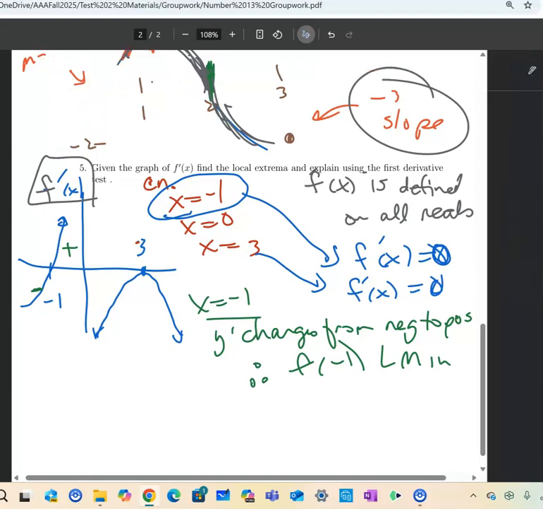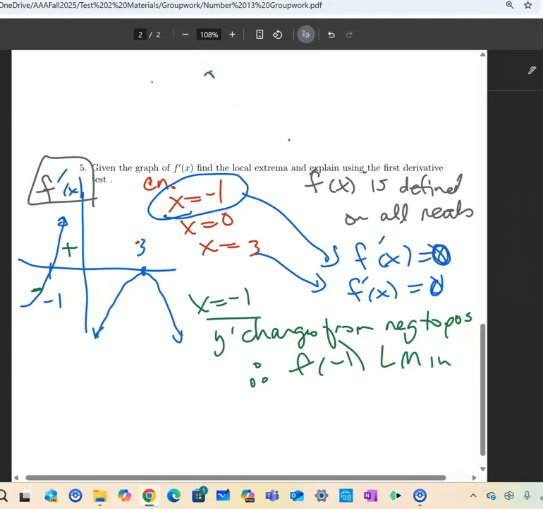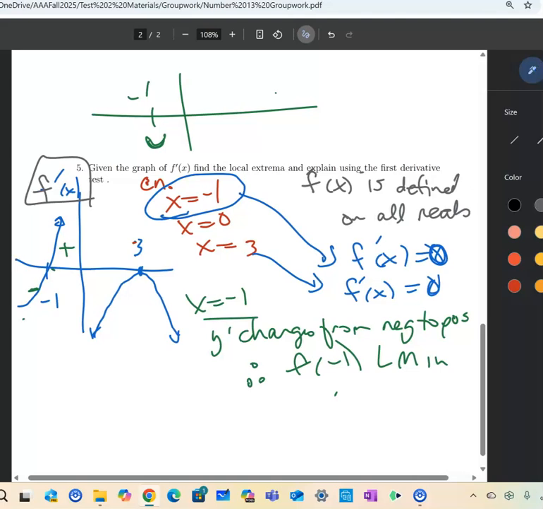So let me make some room up here. It's always nice to start with little baby steps because all these graphs are little baby steps. Okay, so f of -1 is a local min. So -1, we'll just make it a local min. Slope is 0, right? So it's the bottom of a parabola. So it's decreasing before -1 and it's increasing after -1.